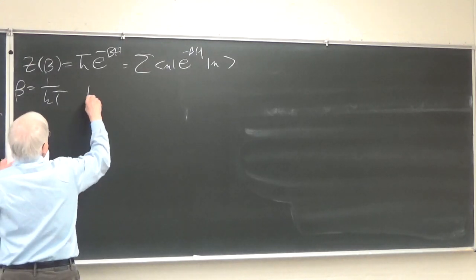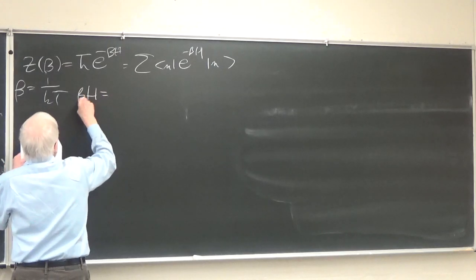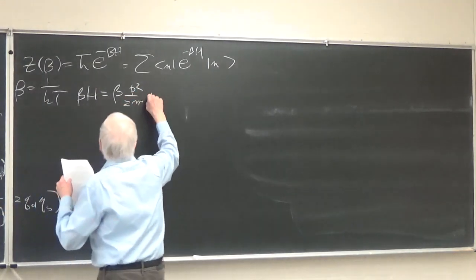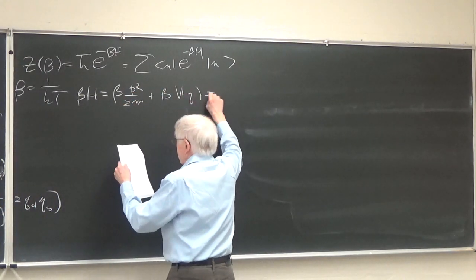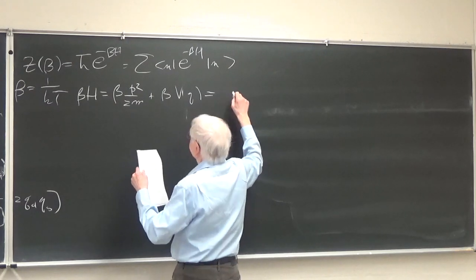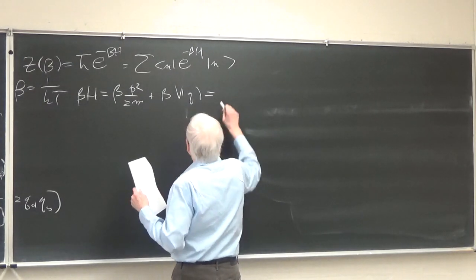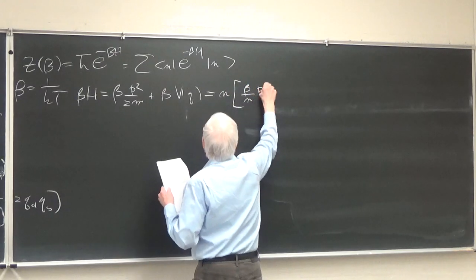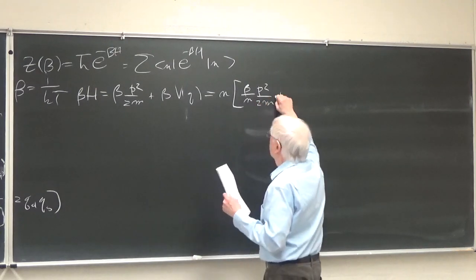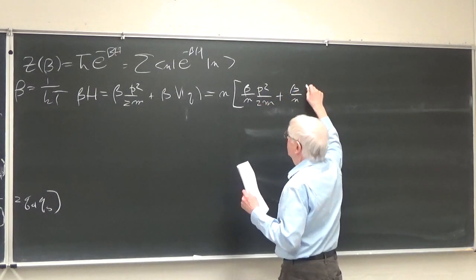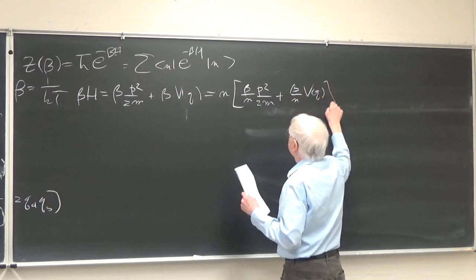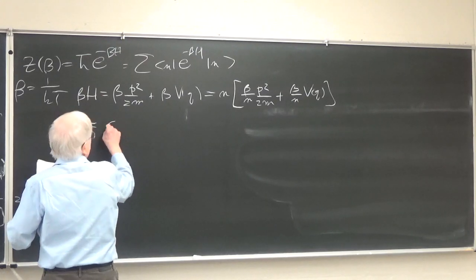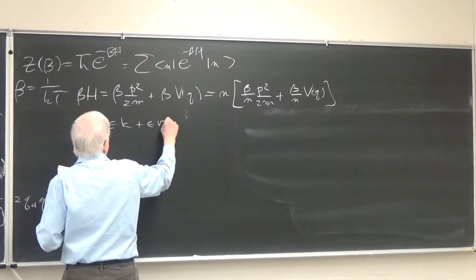And the idea, once again, is to say that beta H, which would be beta p squared over 2m plus beta V of q, I'm going to write as n factors of beta over n p squared over 2m plus beta over n V of q, and then I'm going to write that as epsilon K plus epsilon V.